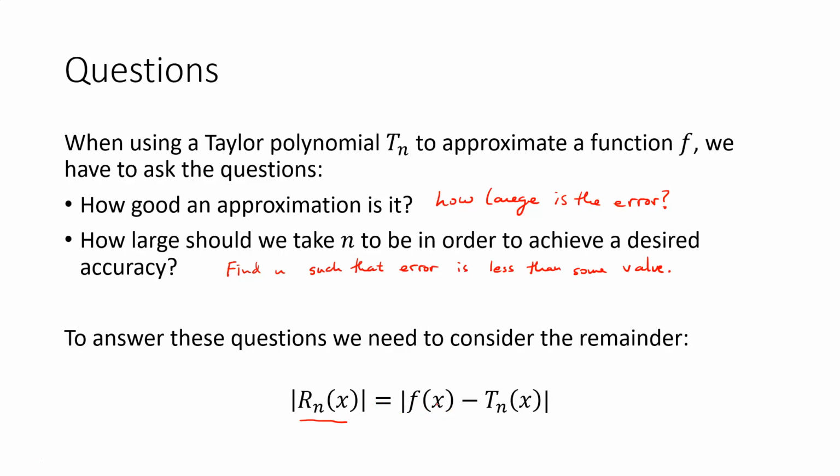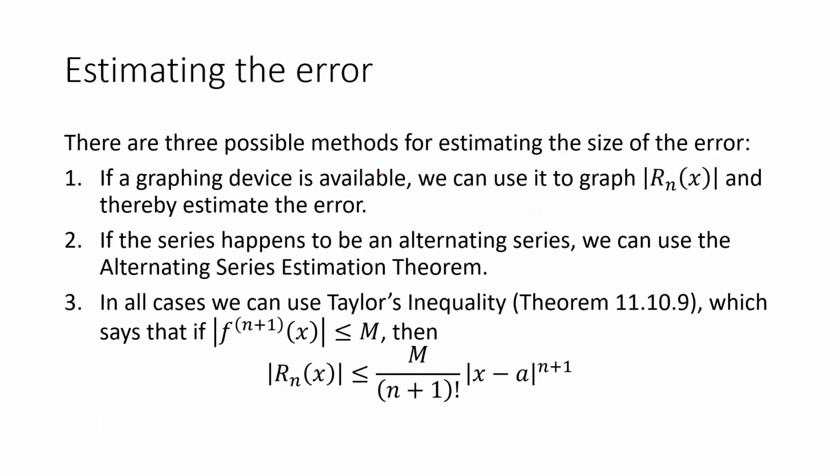For instance, I can directly compare the functions f of x and Tn of x, and then consider their graphs. So in the first method for estimating the error, we can just compare the graphs of f of x and Tn of x together, and that will essentially tell us something about Rn of x.